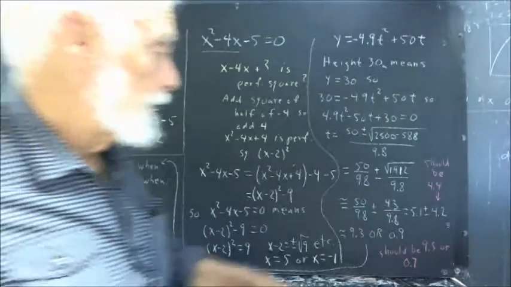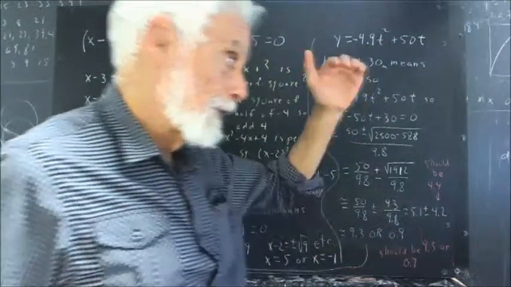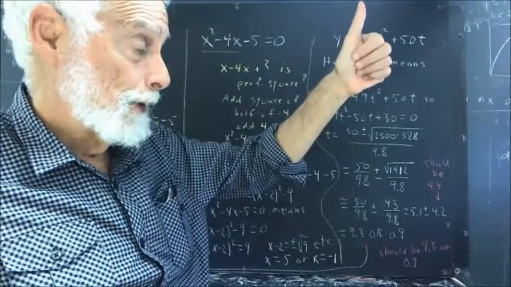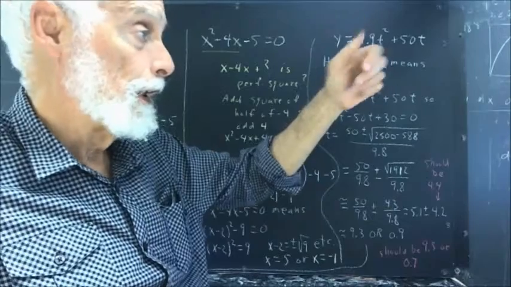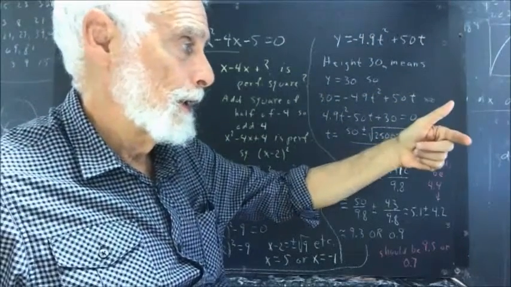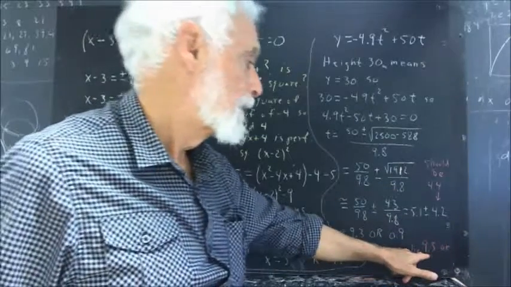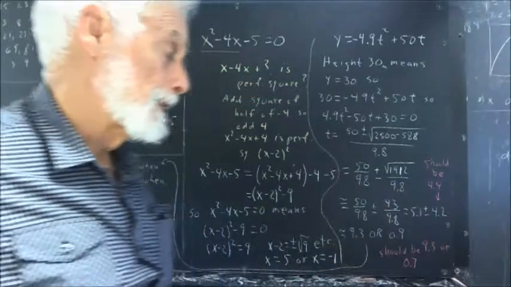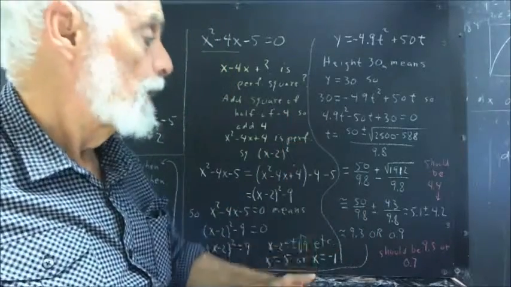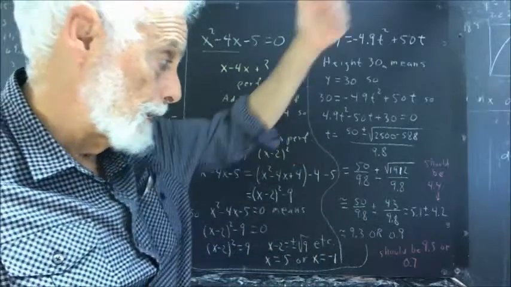But then at 9.5 seconds, it's 30 meters high. How does that occur? Well, it keeps going up after it hits that 30 meters because it's moving pretty fast, and it keeps rising until it falls, and then by the time it gets back down here, about 9 seconds have elapsed. So it's going to pass the 30 meter mark at 0.7 seconds going up and at 9.5 seconds coming back down.